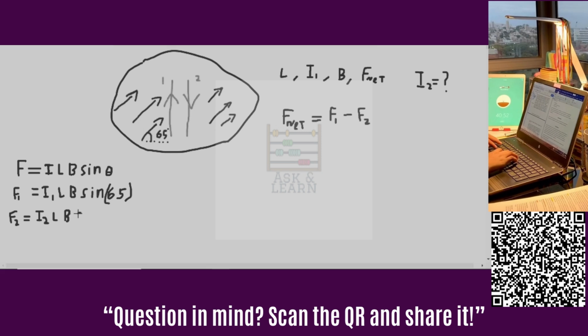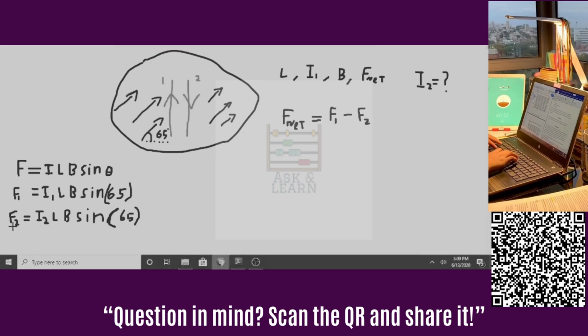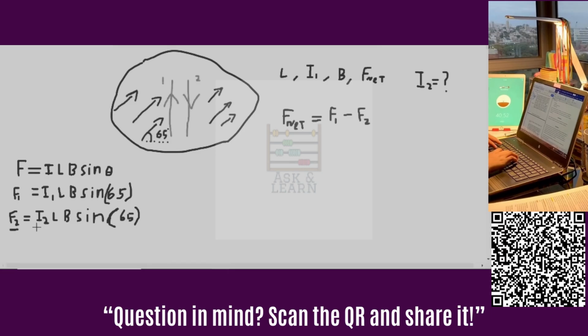And this is also going to be the same angle. Okay, so now how do we get an equation here? We have two variables in this equation, so we can't currently solve it. F2 is unknown and I2 is unknown.